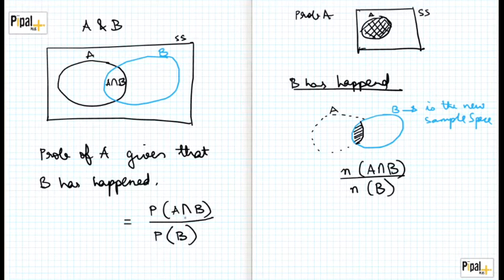So these two ratios are exactly the same.